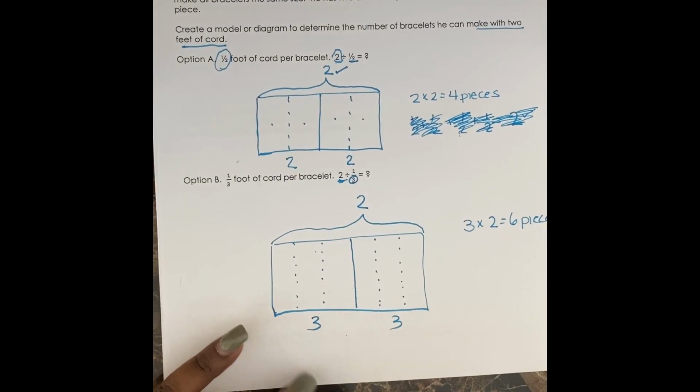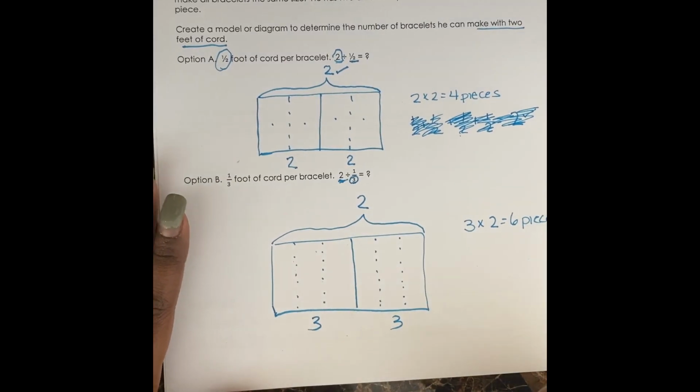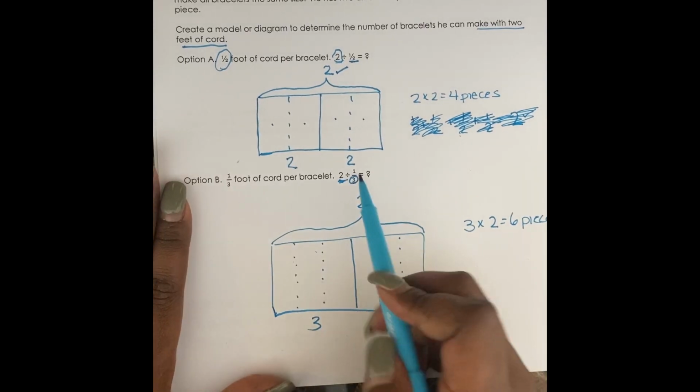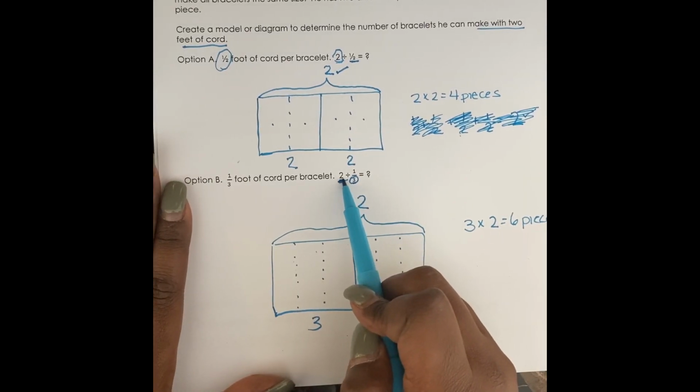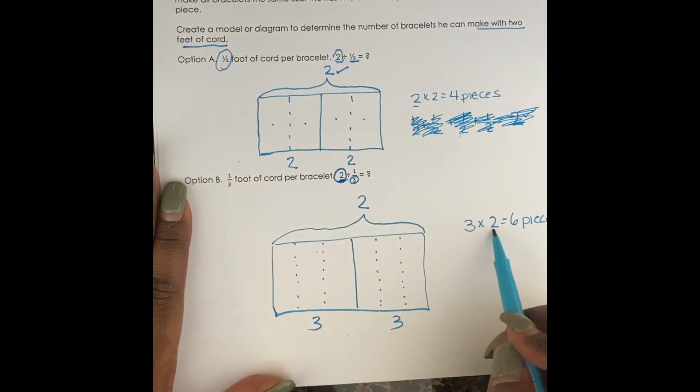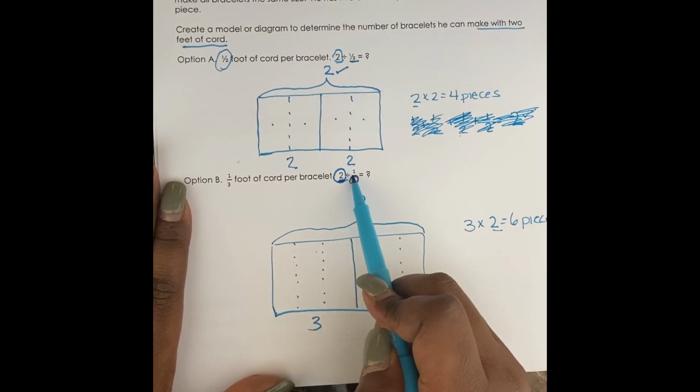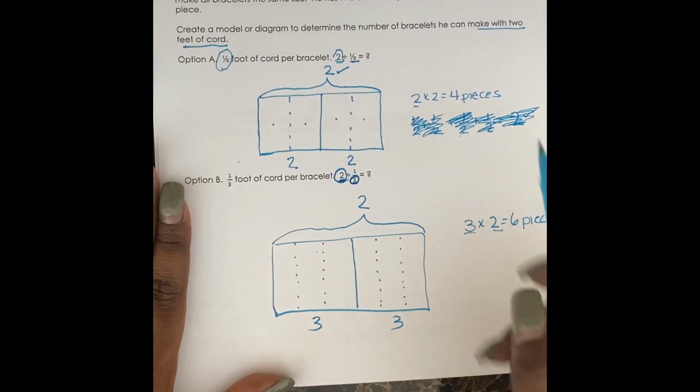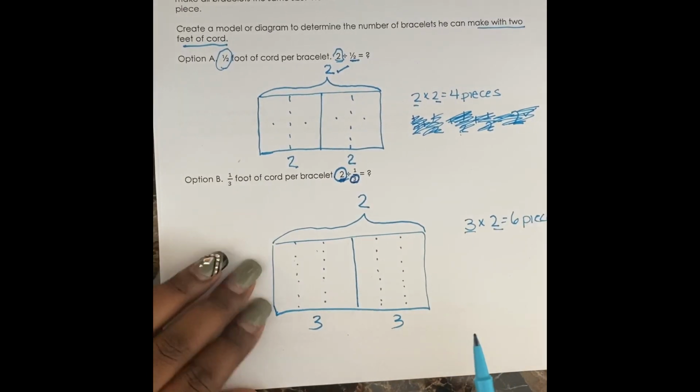As you can see in both option A and option B, we are multiplying our dividend by the denominator of our fraction, which we did in both cases.